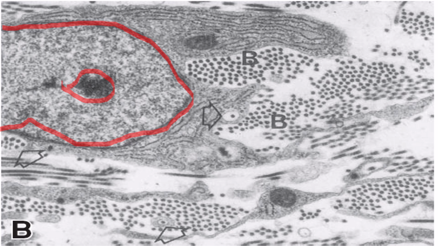There is also abundant rough endoplasmic reticulum surrounding the nucleus, which is responsible for intense protein synthesis, that is, production of collagen and extracellular matrix by these fibroblasts.